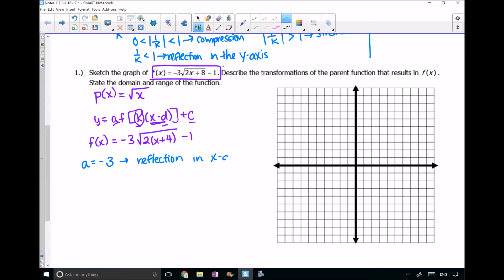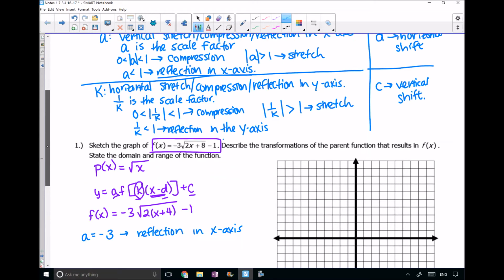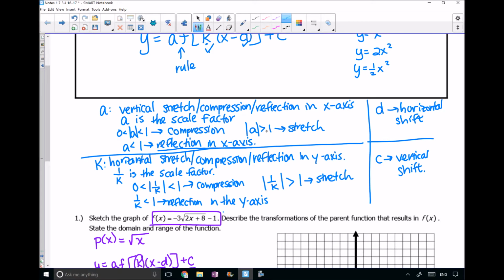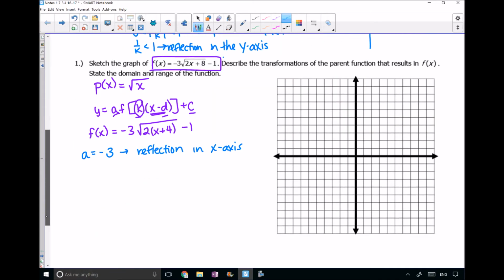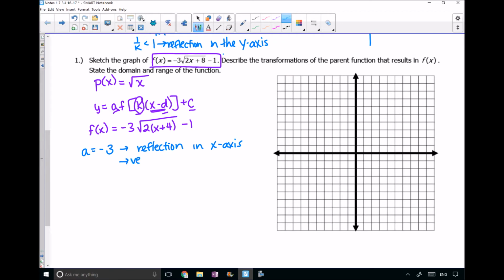I also am being told that because the absolute value of -3 is greater than 1, I'm going to have a vertical stretch with a scale factor equal to 3, okay? Essentially, what this is saying is multiply, because this is vertical, y by -3, okay?